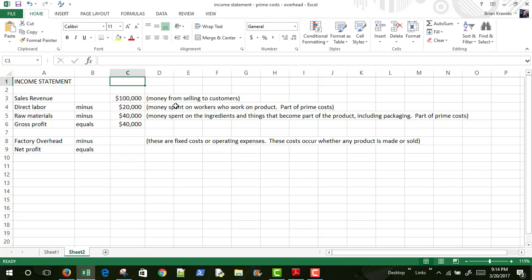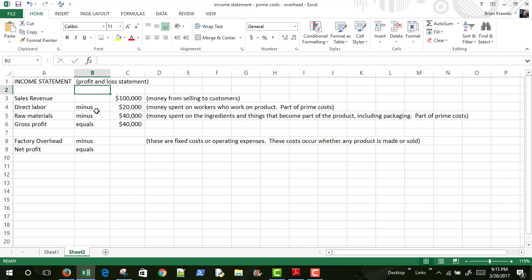This is the profit and loss statement. This is what business people spend a ton of time talking about. Everything lives here.